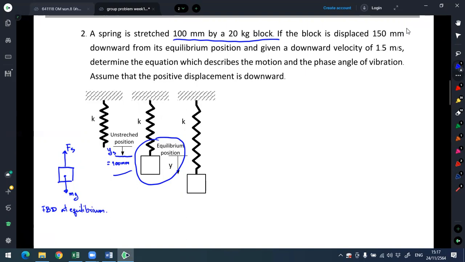At the first step, for this case, we don't know the spring constant. If we don't know the spring constant, we have to determine it first. We have to determine the spring constant from the equilibrium position.